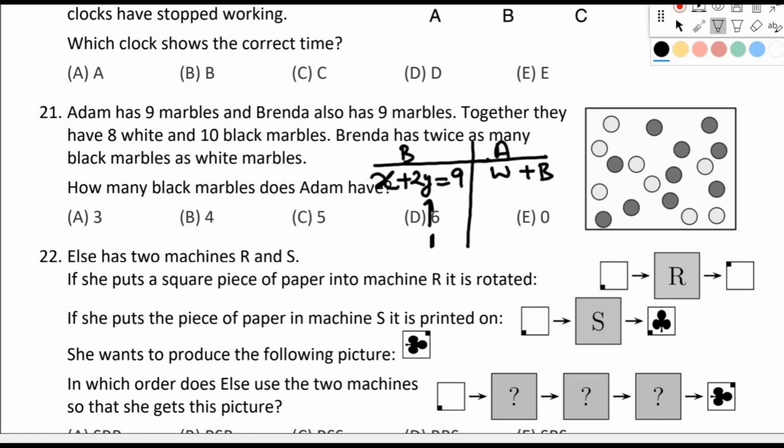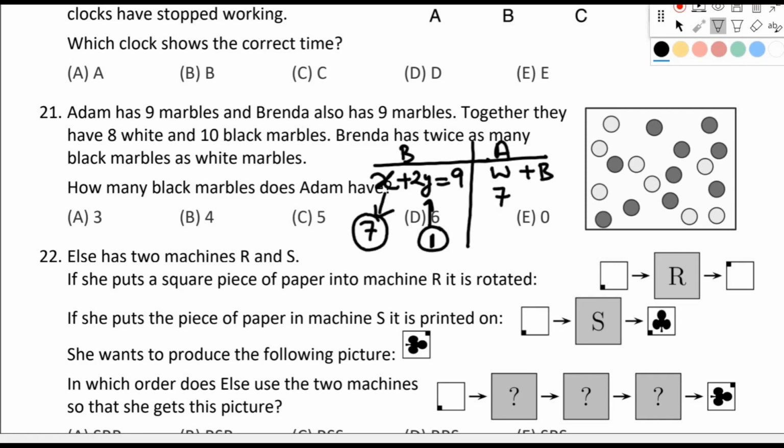Then 2 into 1 is 2. So x should be 7. So 7 plus 2 times 1 is 9. So that is okay. So x is 7 and y is 1. So here white marbles 7.